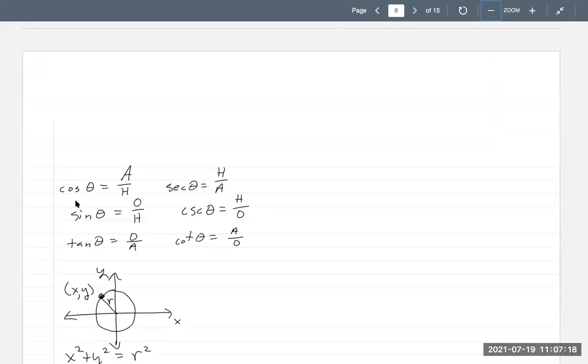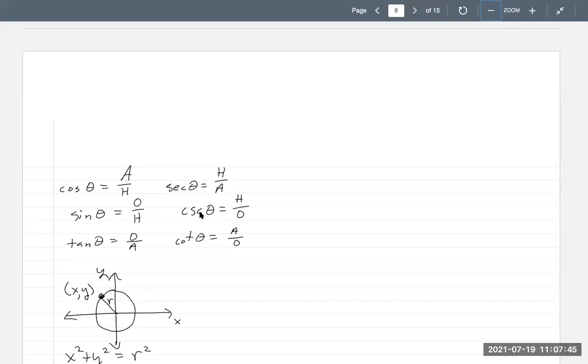And so cosine of theta is the length of the side adjacent divided by the length of the hypotenuse. The secant of theta is its reciprocal, the length of the hypotenuse over the length of the adjacent. The sine of theta is the length of the side opposite over the length of the hypotenuse.